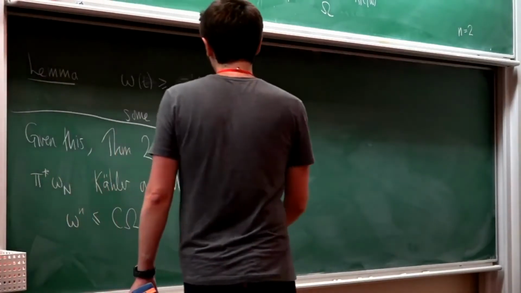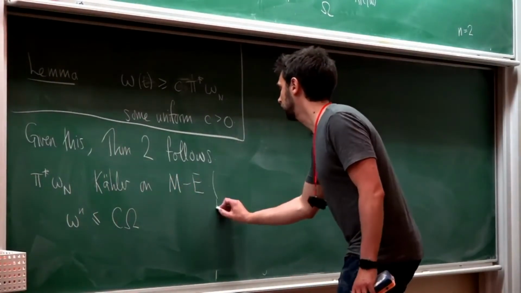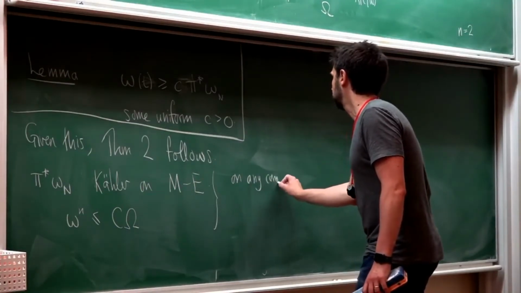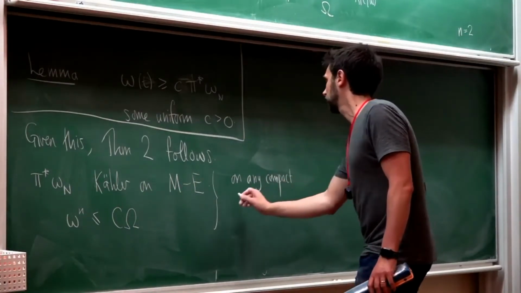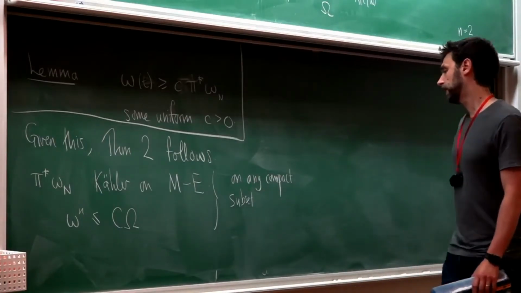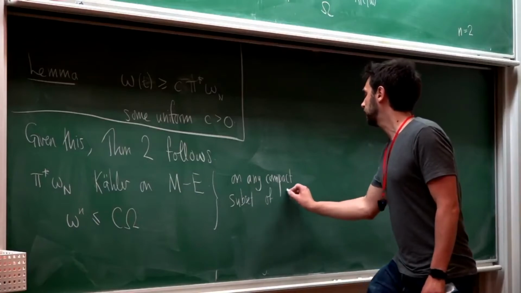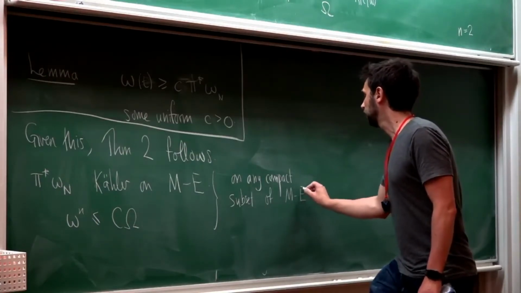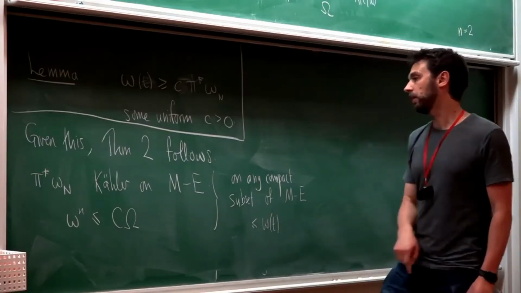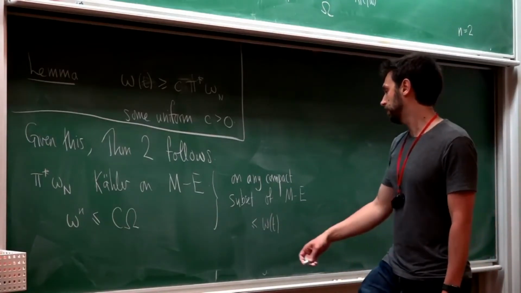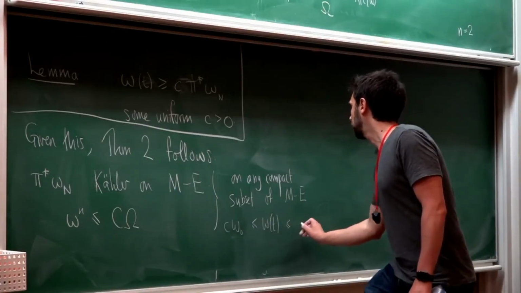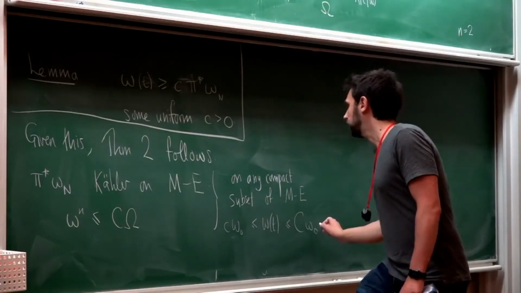So what we get from these is that on any compact subset of m minus E, we must have that omega t is bounded below by some constant times, say, omega naught, and bounded above by some constant times omega naught.